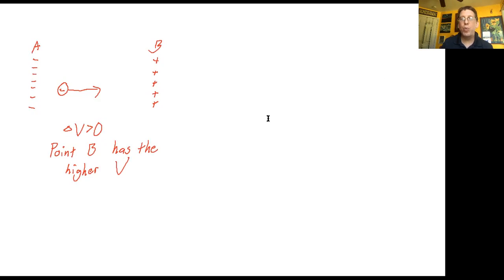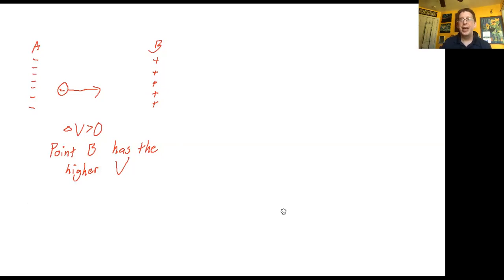And so we want, what is the potential difference between the plates? And we're given the kinetic energy. So if it's gaining kinetic energy, it's losing potential energy.